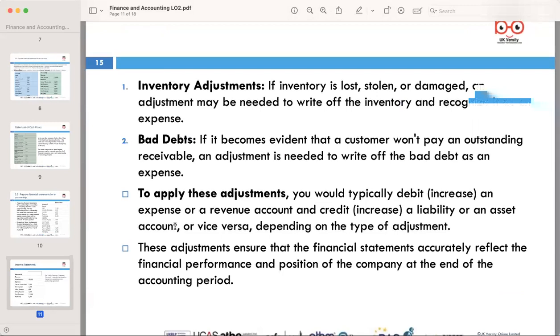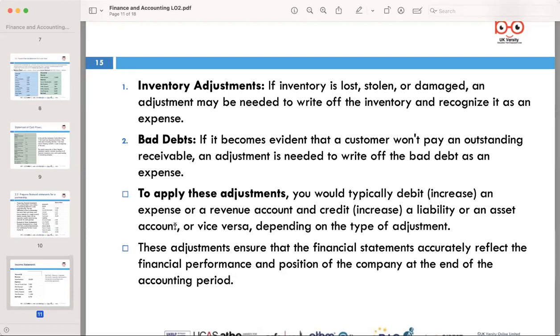Inventory, we will talk a bit about inventory adjustments and bad debts. These adjustments are necessary to ensure that a company's financial statements accurately show its financial performance and position at the end of an accounting period. Sometimes inventories can get lost, stolen, or damaged.